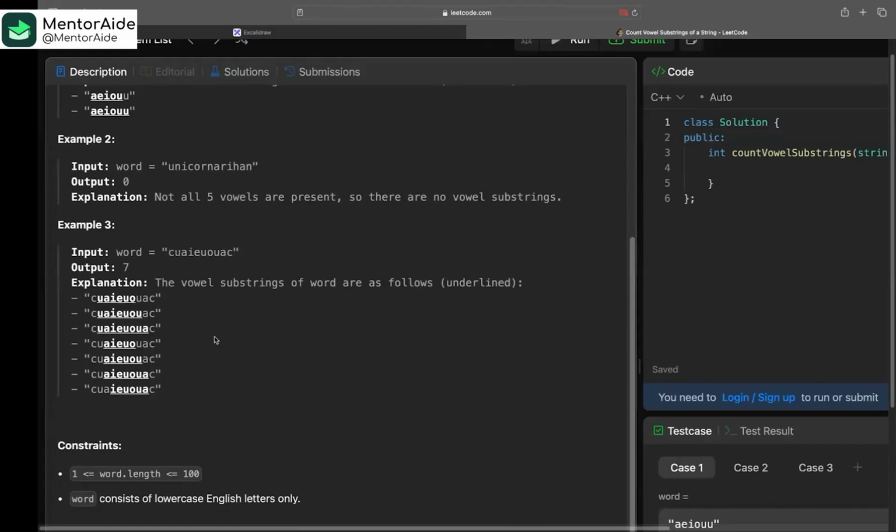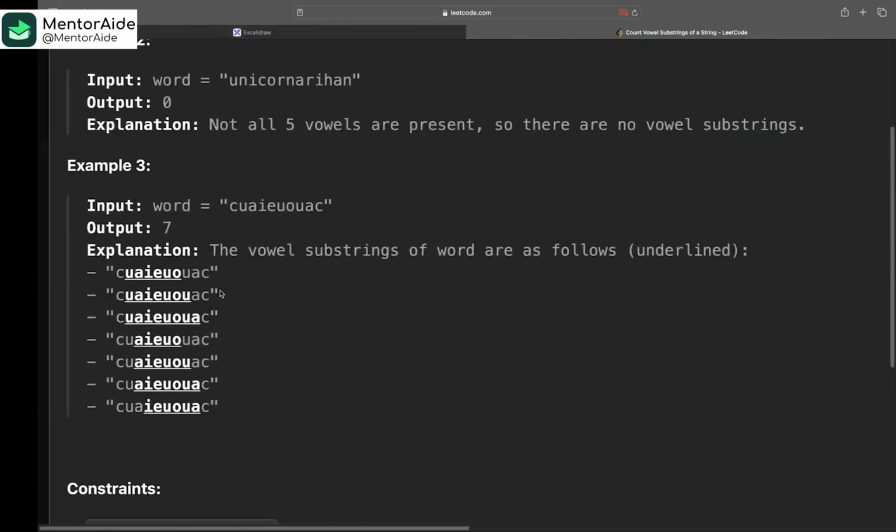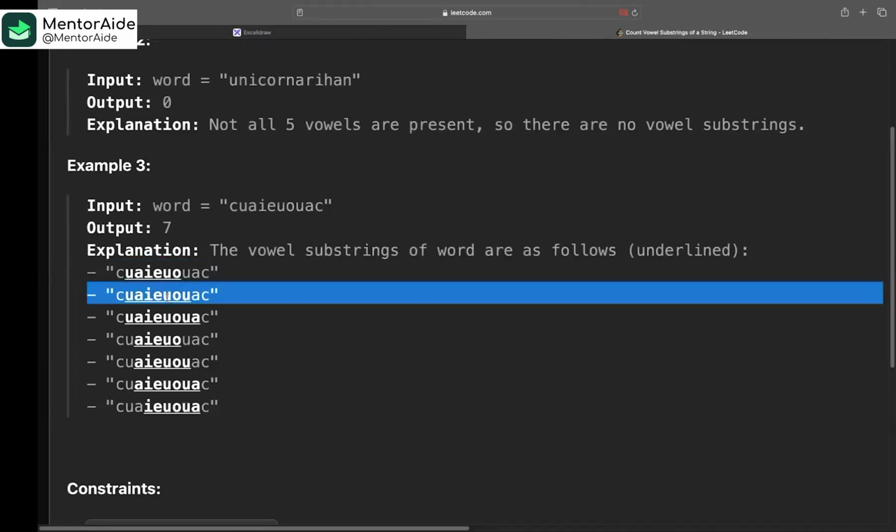I think we have not included this A. Just a second. So we were able to find out this one. The first one, we saw that one. We saw the second one also.